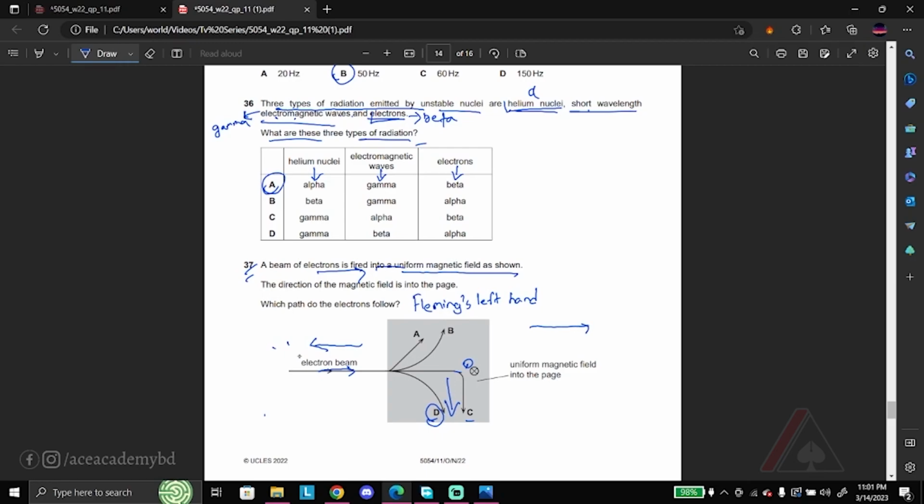The deflection produces a force in this direction. Due to this, a resultant force is produced, which is why the electrons would be curved instead of a straight line like this. So yes, the answer is D.